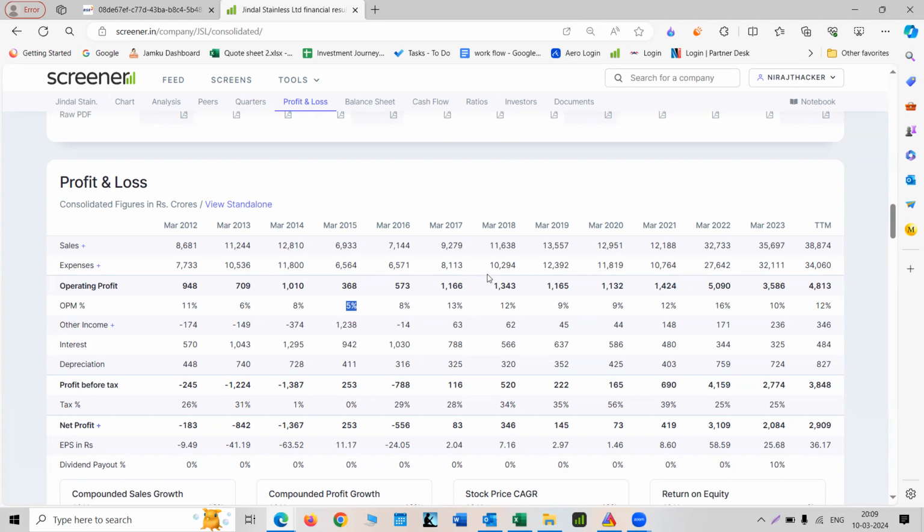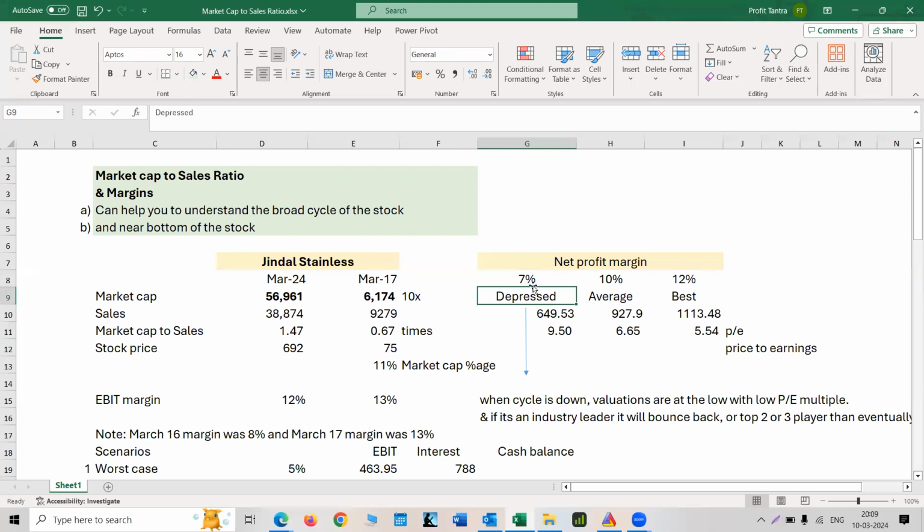Correct. So what will happen is, suppose now what I have done is I have taken 7% as the lowest margin, 10% as the average, and 12% as the best margin in any company. And now I'm taking one scenario. What you can do at that point of time is, for example, market cap to sales.